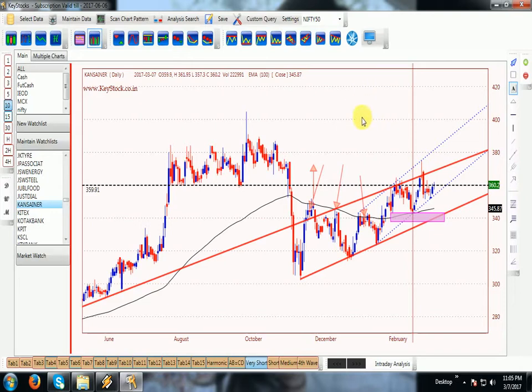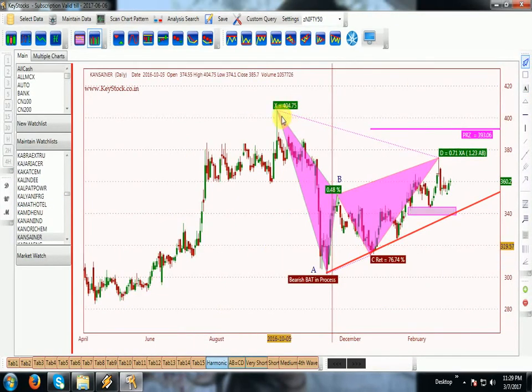So what should be the target of this Kansai Nerolac? I can see here a harmonic pattern is formed. Here is the harmonic pattern for Kansai Nerolac. I have plotted points X, A, B, C and D. These harmonic patterns are formed by Fibonacci retracement points, nothing else.